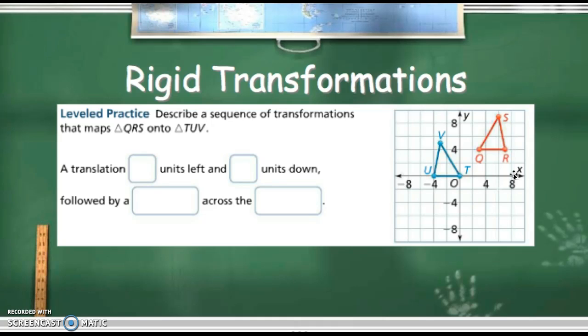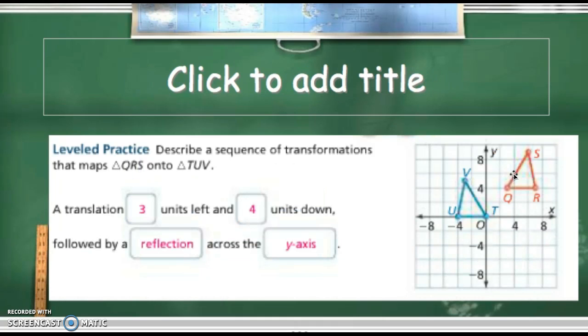And what you notice is that the translation is 3 units to the left and 4 units down, followed by a reflection across the y-axis. That explains that transformation. And we know that those two shapes are congruent.